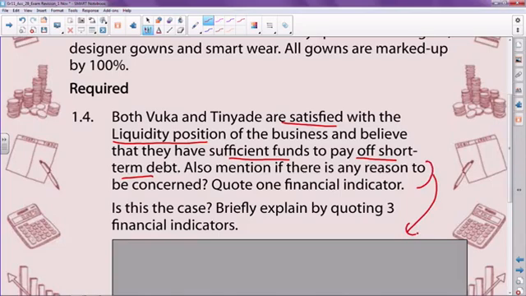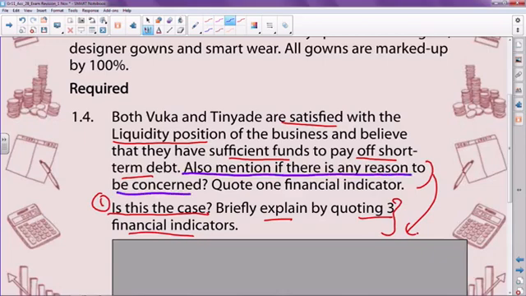Both partners are satisfied with the liquidity position and believe they have sufficient funds to pay off short-term debt. Is this the case? Briefly explain by quoting three financial indicators. That is the first part of the question. The second part: also mention if there are any reasons to be concerned. Quote one financial indicator.